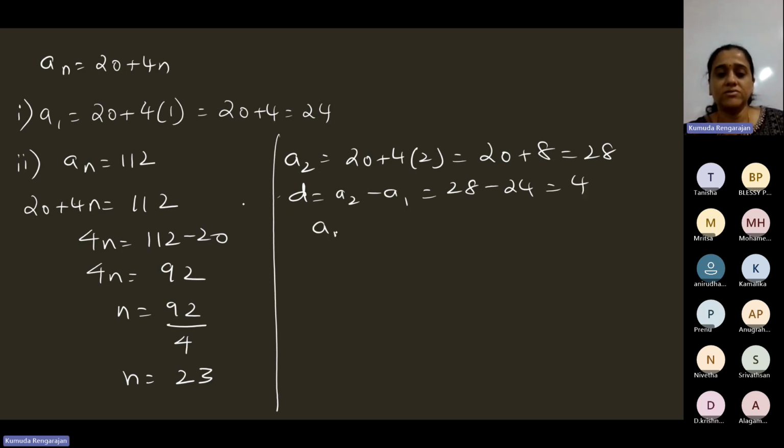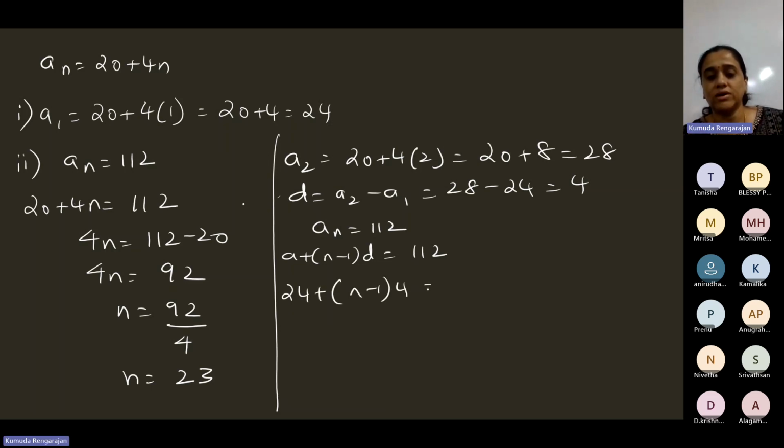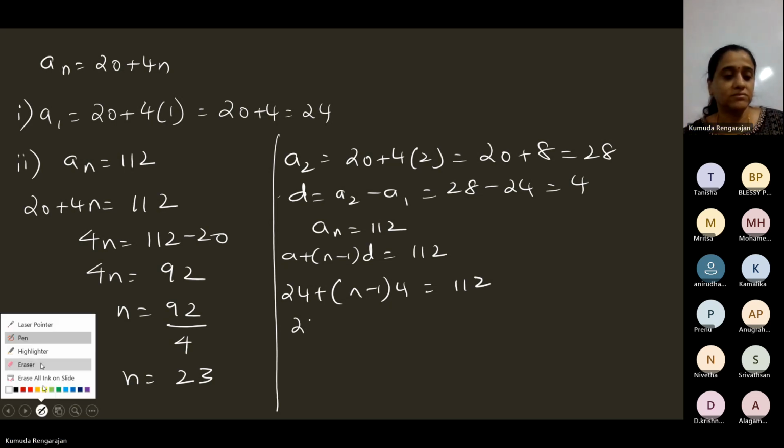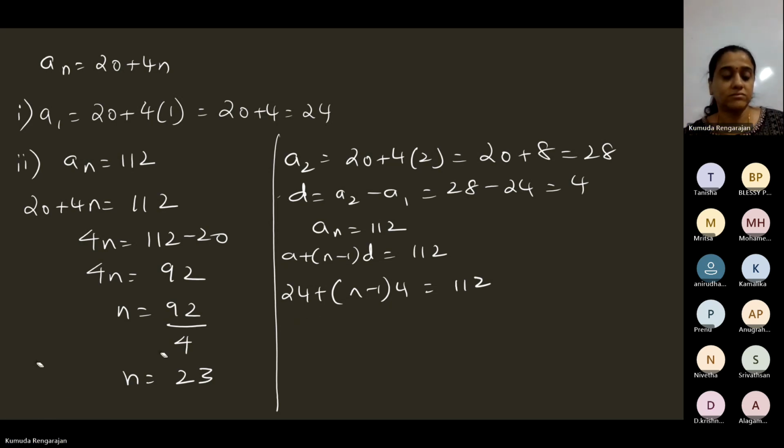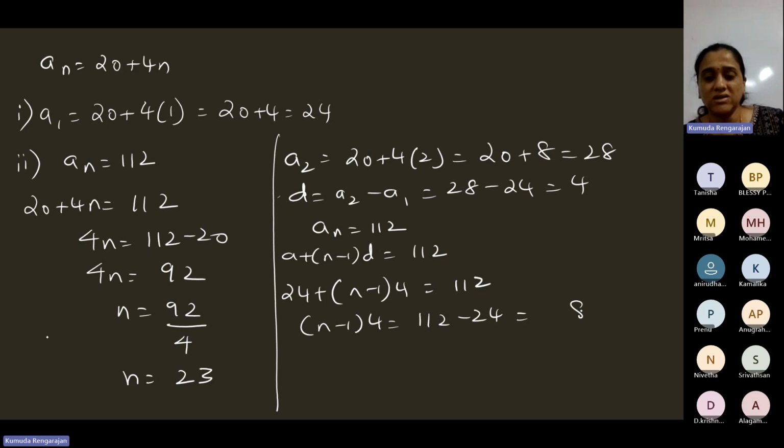So now An is equal to 112. a plus n minus 1 into d is equal to 112. 24 plus n minus 1 into 4 is equal to 112. n minus 1 into 4 is equal to 112 minus 24, which is 88.